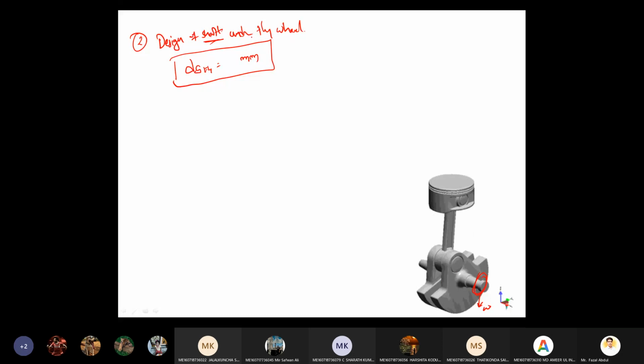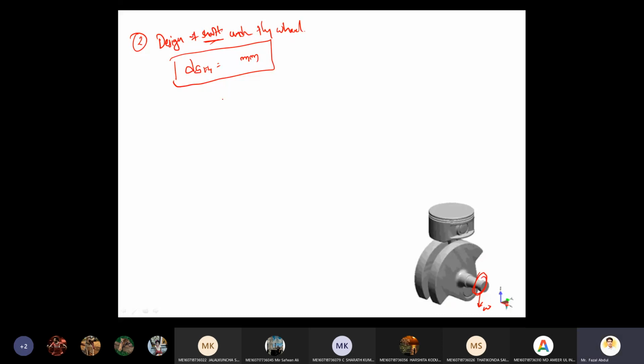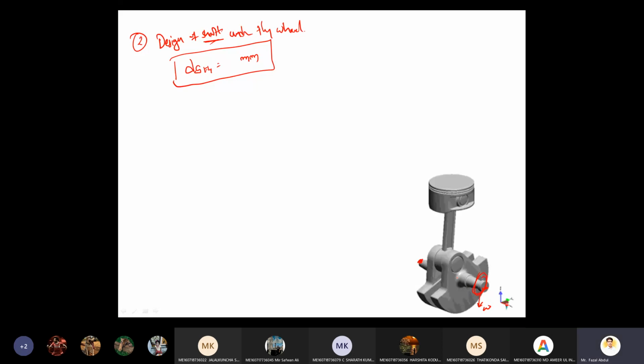So see here, because of this reason, at bearing 1 and bearing 2 there will be two reactions. So what are those?